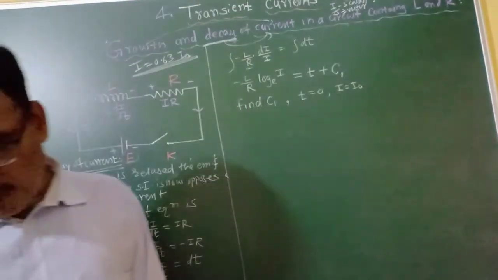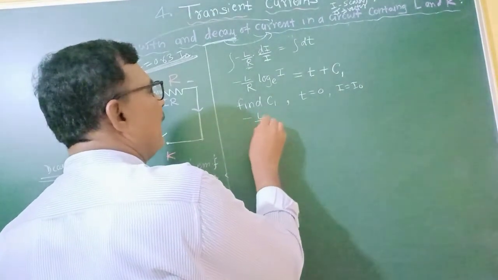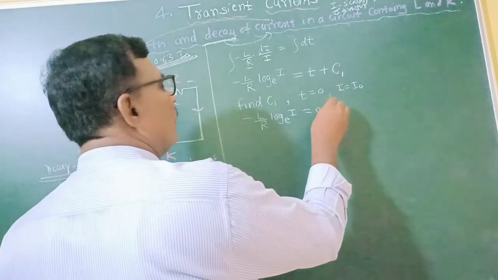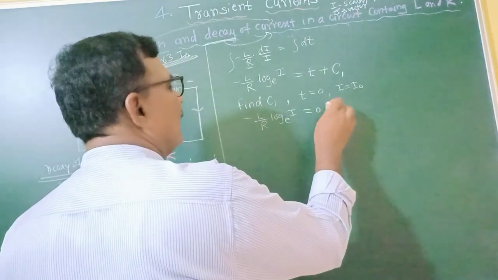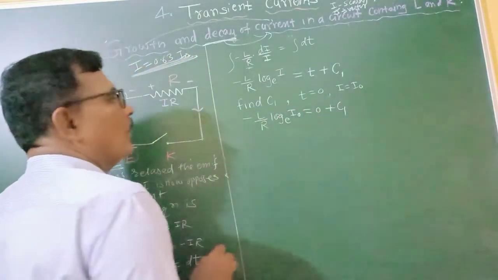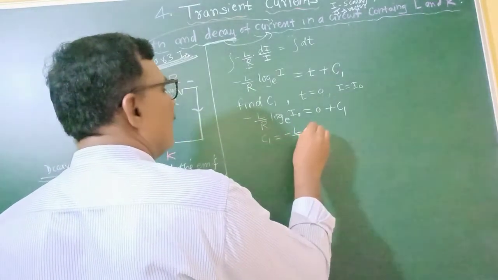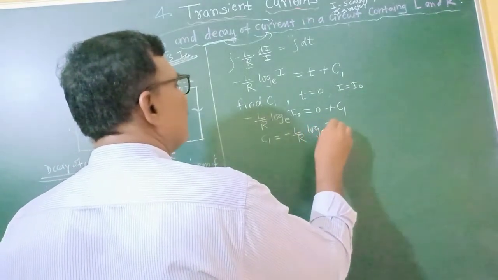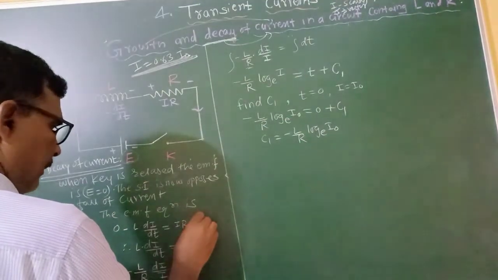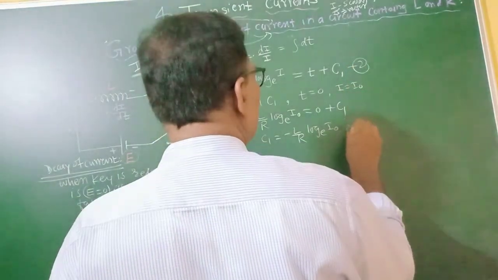So we get minus L by R into log to the base e of I equals 0 plus C1, and I becomes I0. Finally, C1 equals minus L by R into log to the base e of I0. This is equation 2; we put it in equation 1.